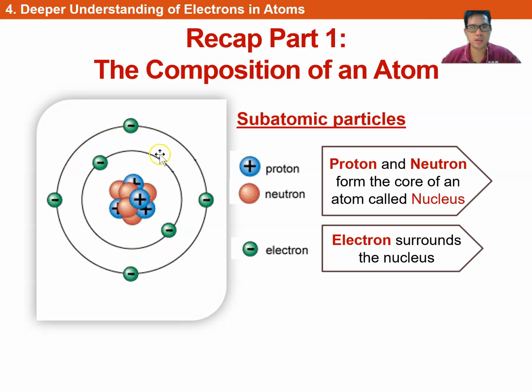The more protons we have, the more electrons we have. We also learned that the number of protons determines what kind of element it is. For example, hydrogen has 1 proton, and it will always be hydrogen. If it's electrically neutral, then we have 1 electron.